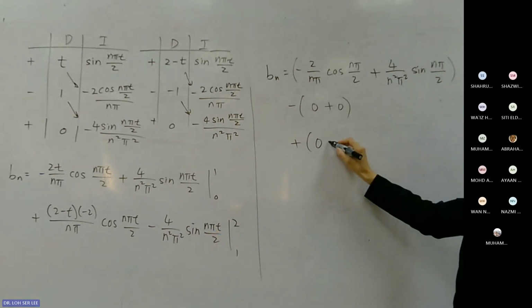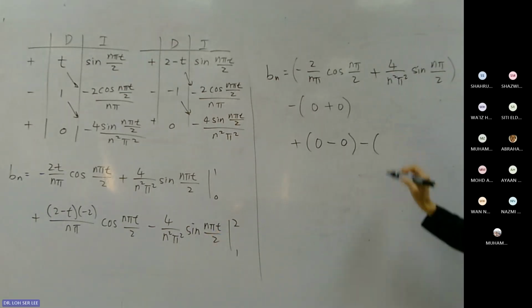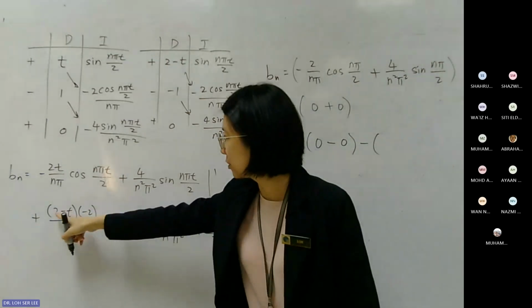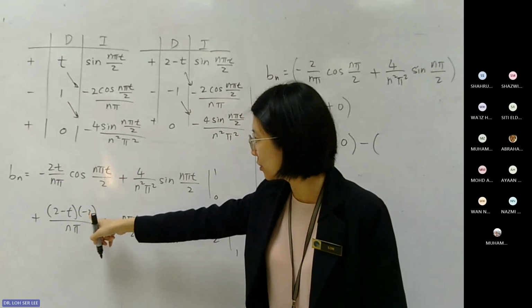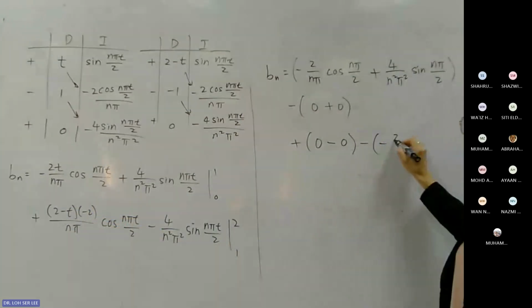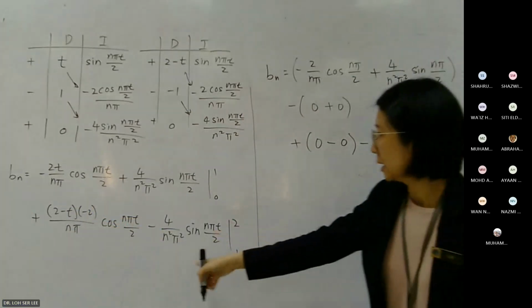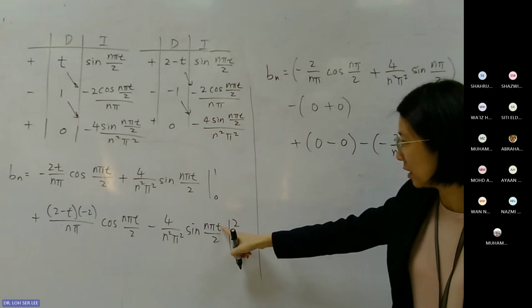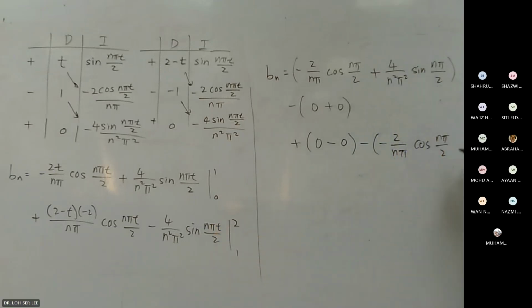Sine n pi is 0. Then 1 into this t, 2 minus 1 is 1. 1 times negative 2, you have negative 2 over n pi cos n pi over 2. Then 1 into this t, sine n pi over 2 over pi squared.